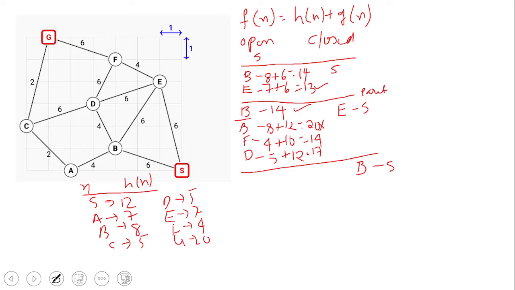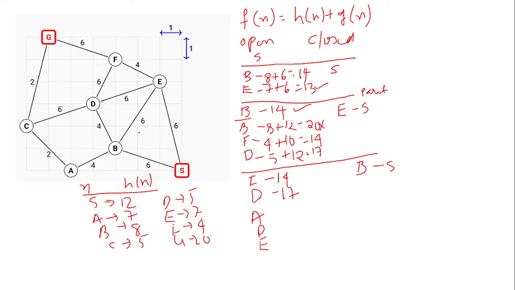Next, what are the nodes? Already F is there with 14 and D is there with 17. Now, if we see node B, the nodes connected to B are A, D and E. If you see E, what will we get here?